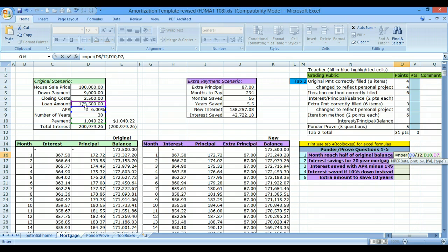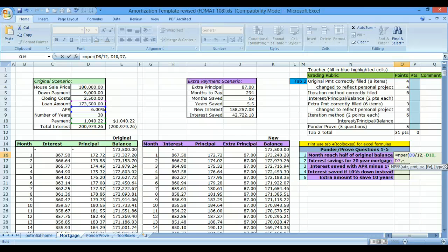Now remember, NPER, if you watched the first tutorial, comes out negative. So I'm going to come in here into my payment and make this negative so that my number of periods comes out to be a positive number. But I also need to make my future value negative here.